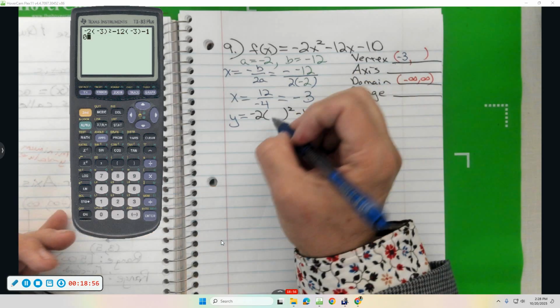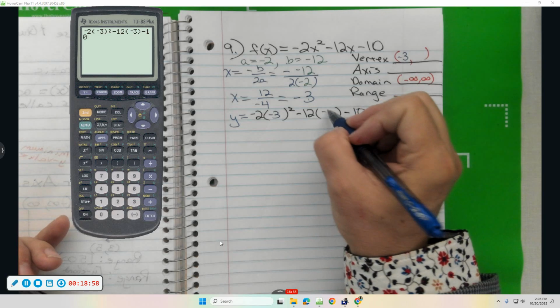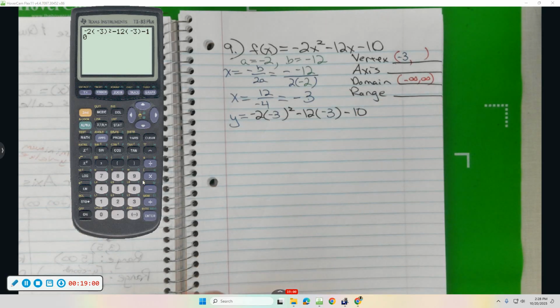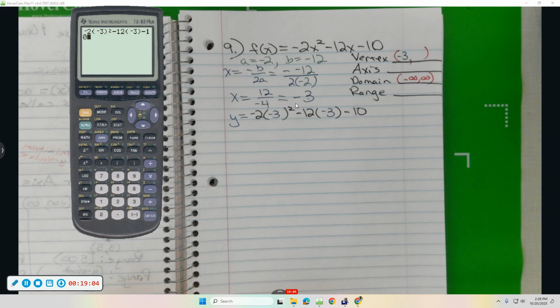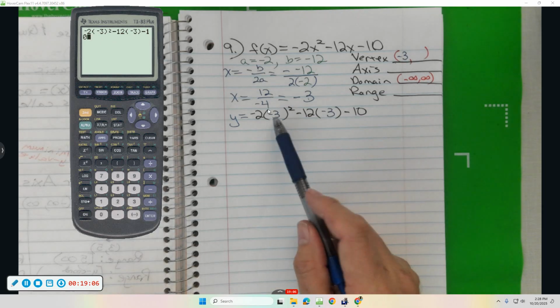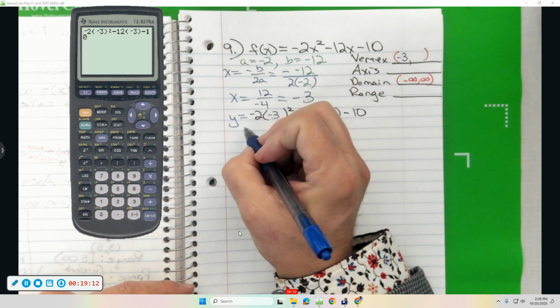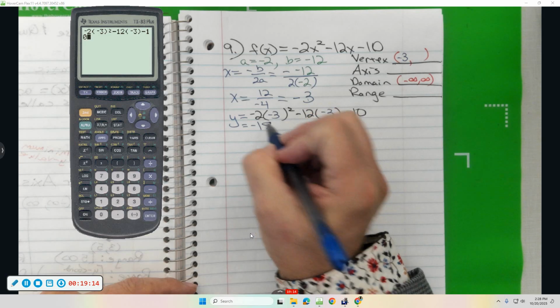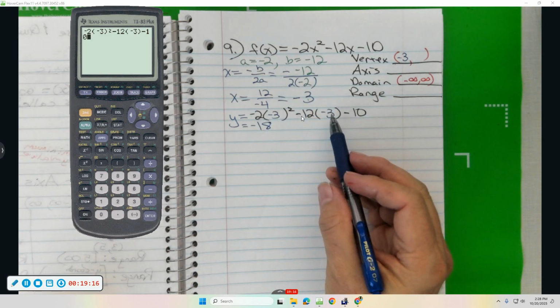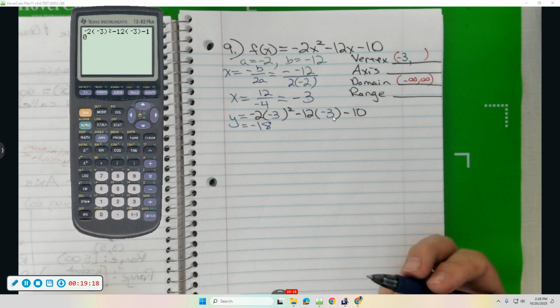We're plugging in negative 3 and negative 3. We know we have to perform our exponentiation first because of the order of operations. Negative 3 squared is 9 times negative 2. That gives us a negative 18. What's this negative 12 times negative 3 going to give me?